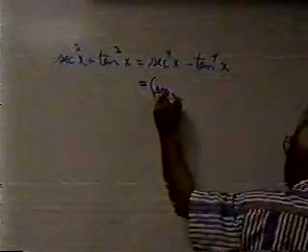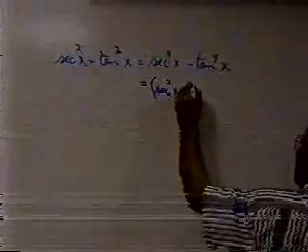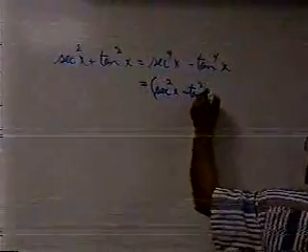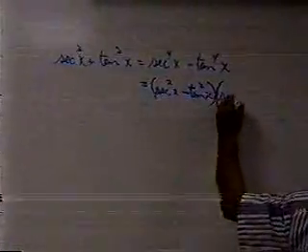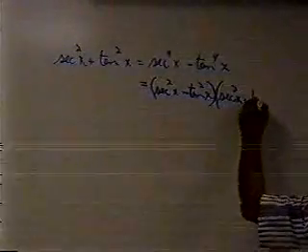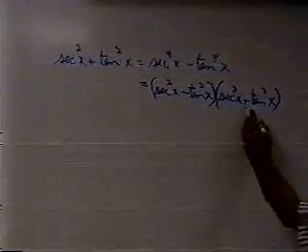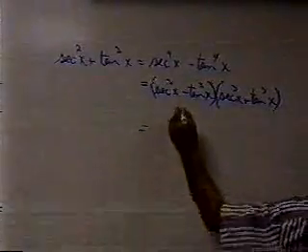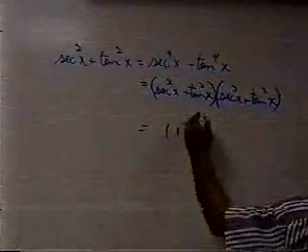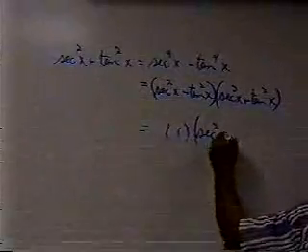This is secant squared minus tangent squared times secant squared plus tangent squared. Well, hey, that's what we want. So the cheating method is say, well, I'll just make that a 1 right here. So I'll just make that a 1, and I got what I want.